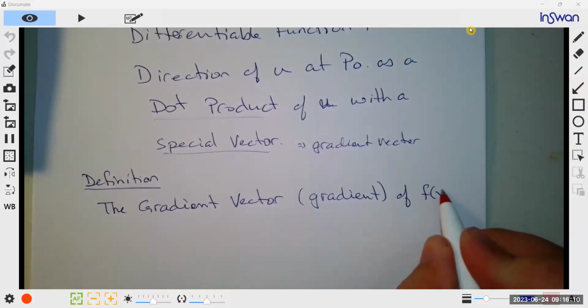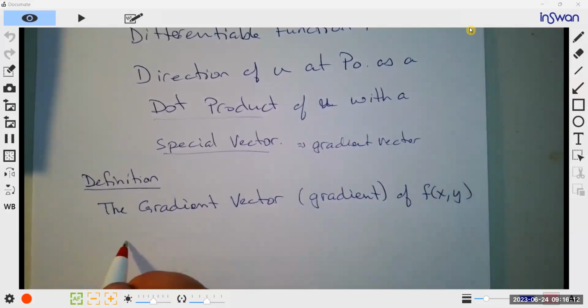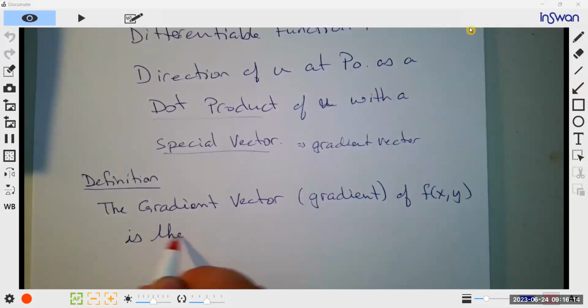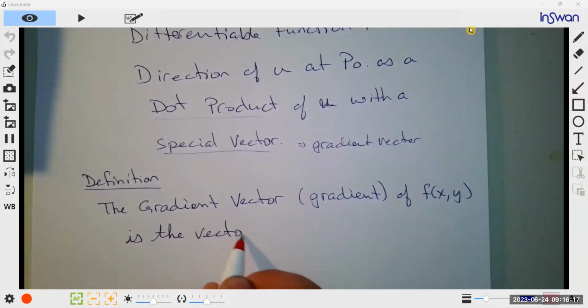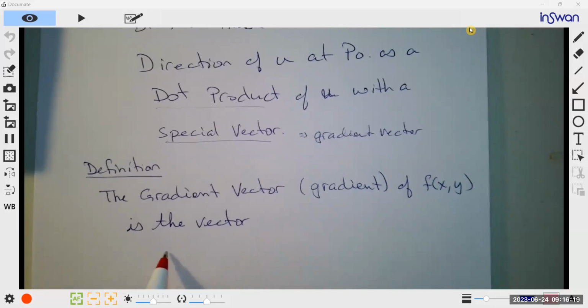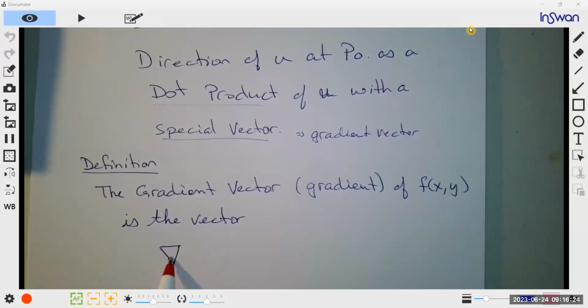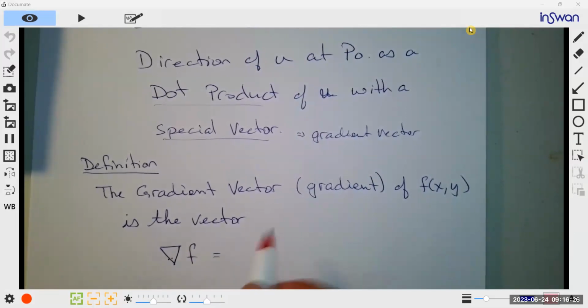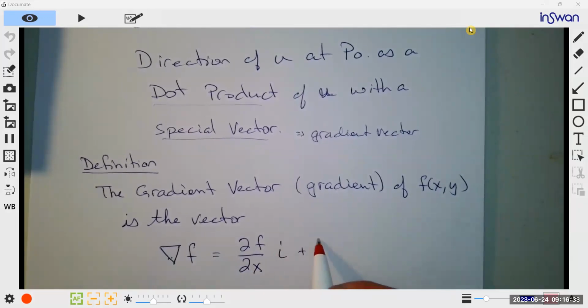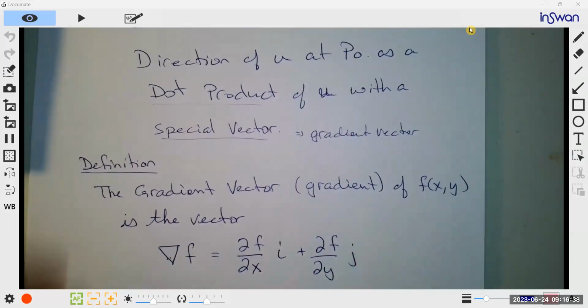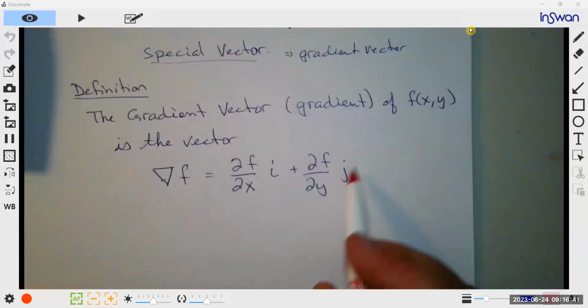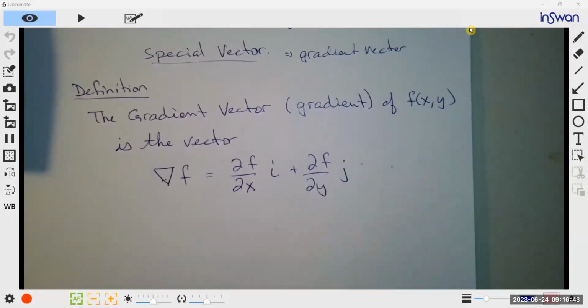The gradient of our function is the vector del f equals the partial of f with respect to x, i, plus the partial of f with respect to y, j. And if we had a third dimension, we'd put the k one there.